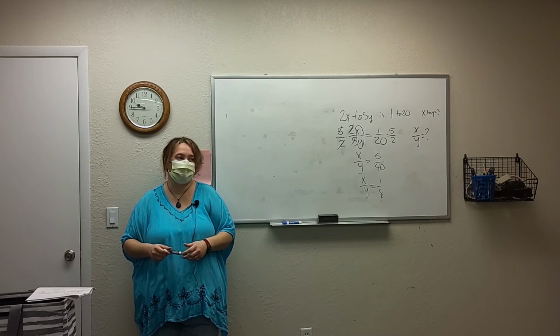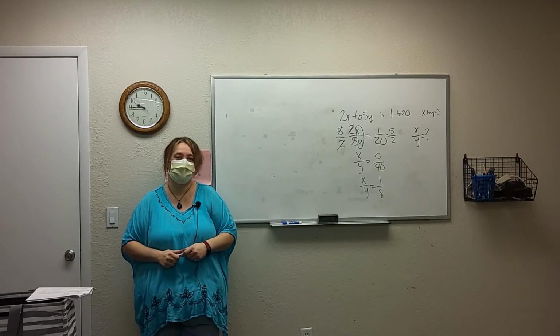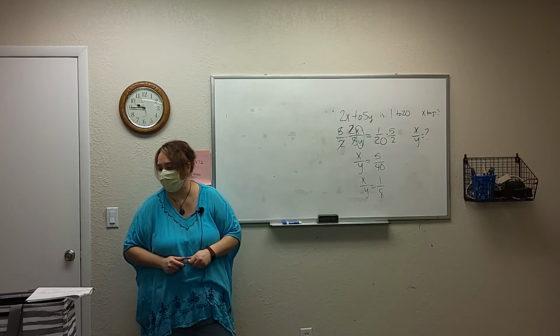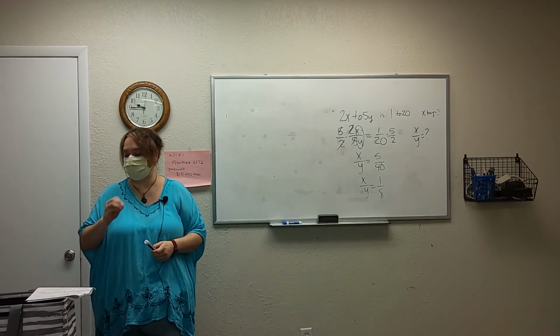What number did they give you in the problem? What number in your answers is related to 5? That's your answer. Here's your explanation. So they tell you that the ratio of boys to girls in the class is x to y.